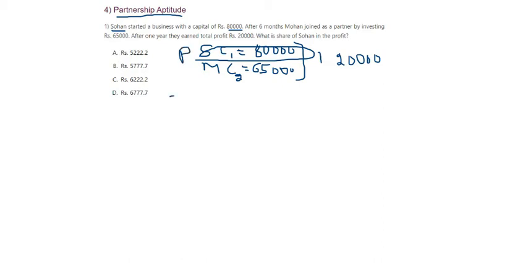A simple trick to remember is that we have a formula to apply whenever we do partnership aptitude.